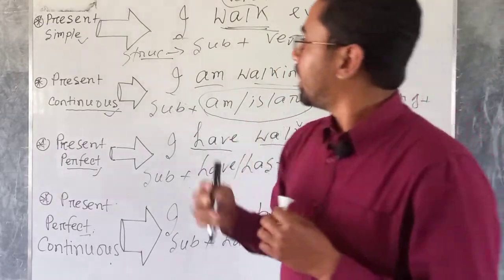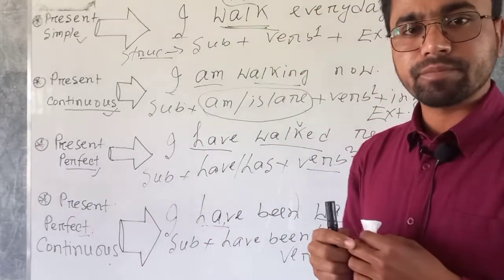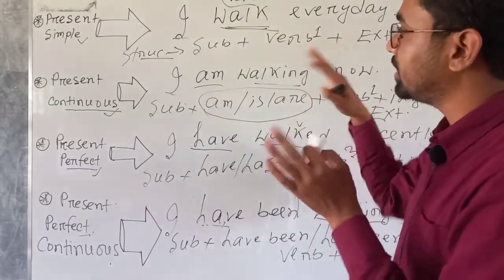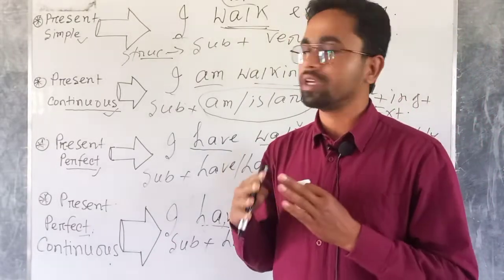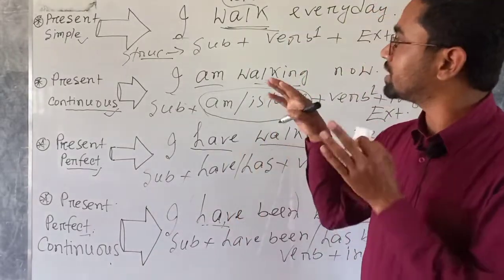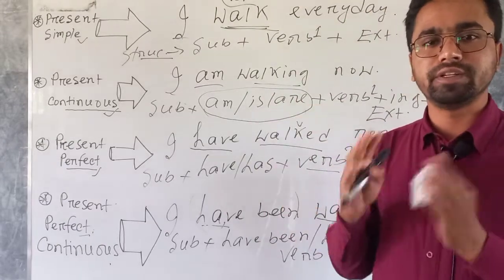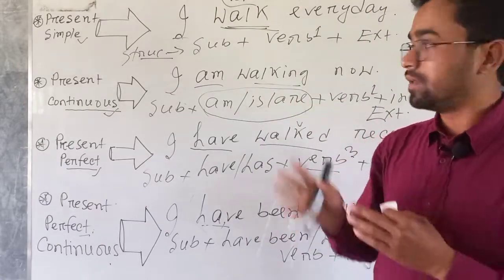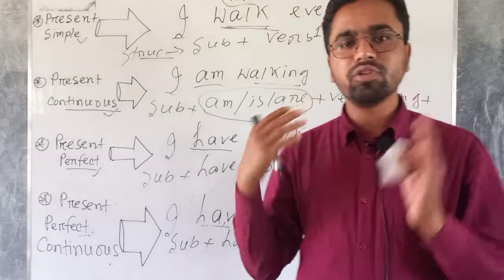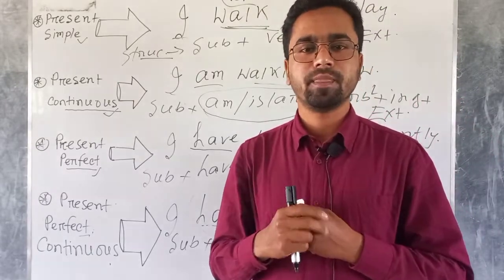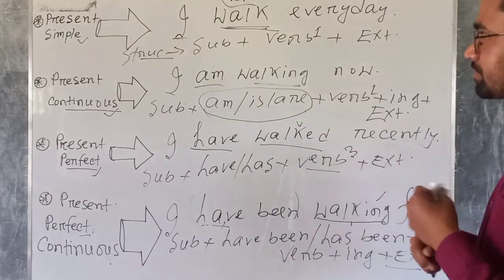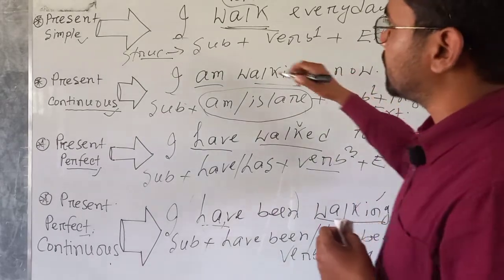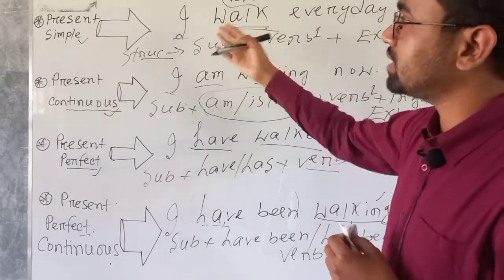All the sentences and also all the structures, I think it has become clear to you. And I also want to mention, if you want the sentence negative, what should you do? How should you make the sentence negative? Don't worry, it is so easy. Okay? Let's see the negative sentence. First, the present simple sentence.